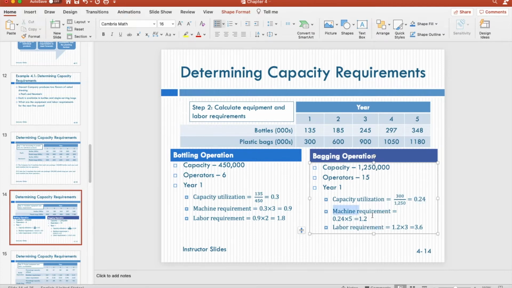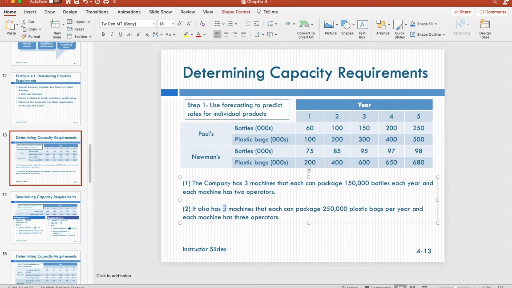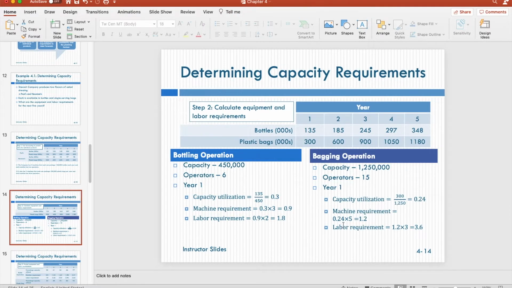Now, first let's look at the machine requirement. We know how many machines we have right now. We have 5 machines, right? That's the amount that we have currently. But it doesn't mean that you are effectively using those 5 machines in the whole year. You only use 25% of the system.